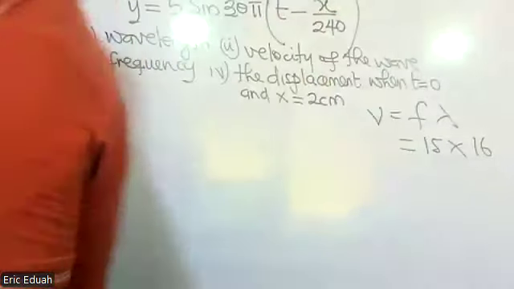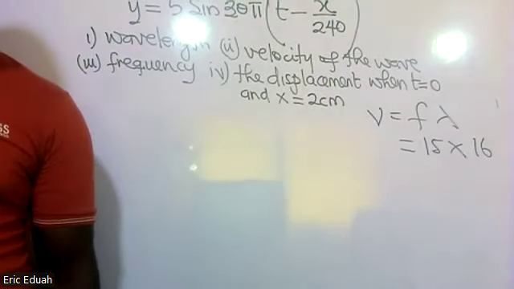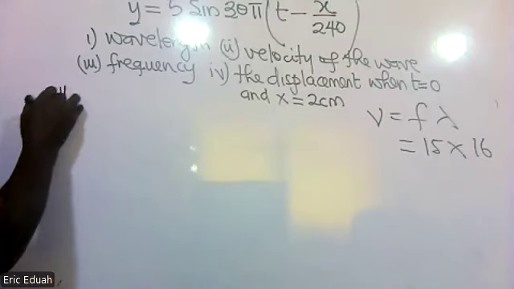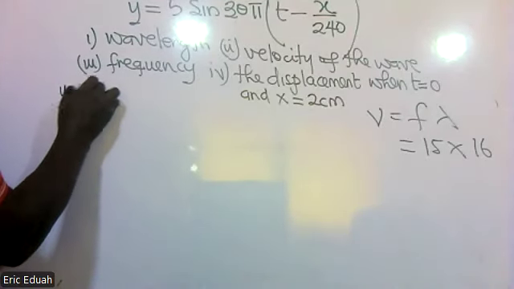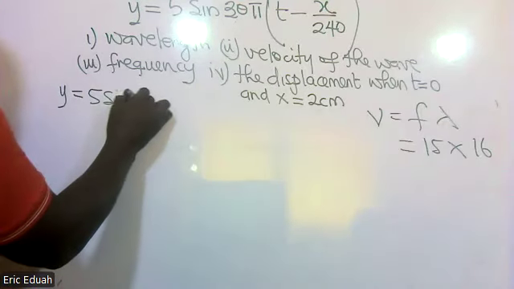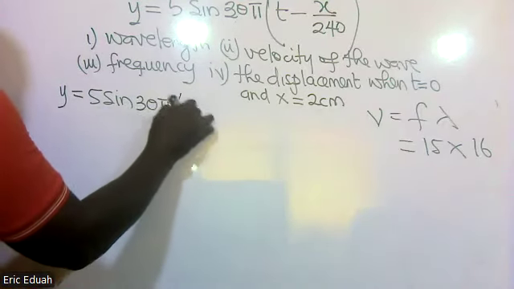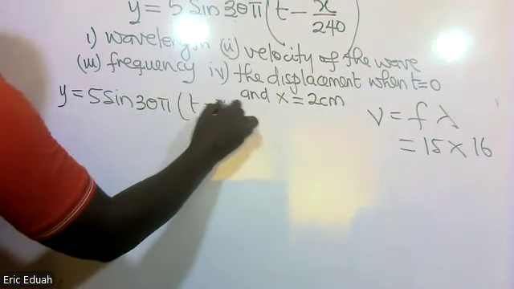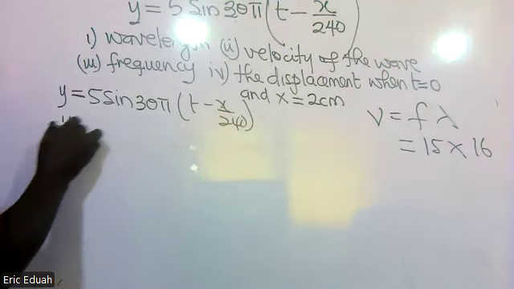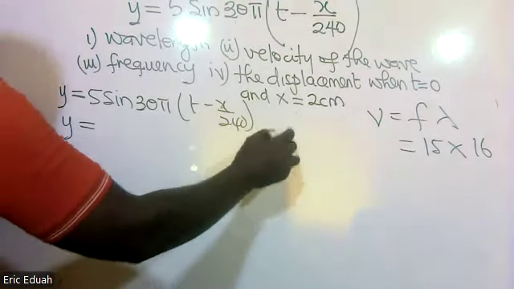All right, let's do that quickly. y is equal to 5 sine 30 pi t minus x on 240. And we are asked to find the displacement y when t is 0 and x is 2.